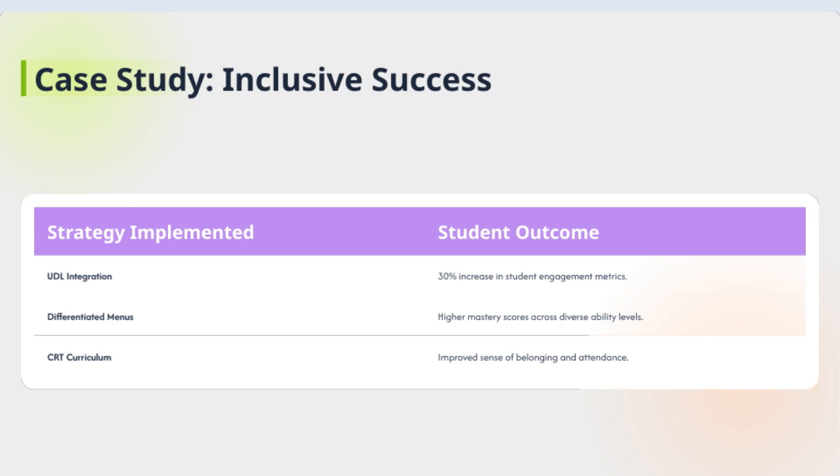Additionally, we've integrated Universal Design for Learning, or UDL, which makes learning more accessible and flexible for all students, further promoting inclusion. All these strategies contribute directly to better student outcomes, which is our ultimate goal. And to illustrate this in action, we have a case study on inclusive success, demonstrating how these approaches truly make a difference in real classroom settings.